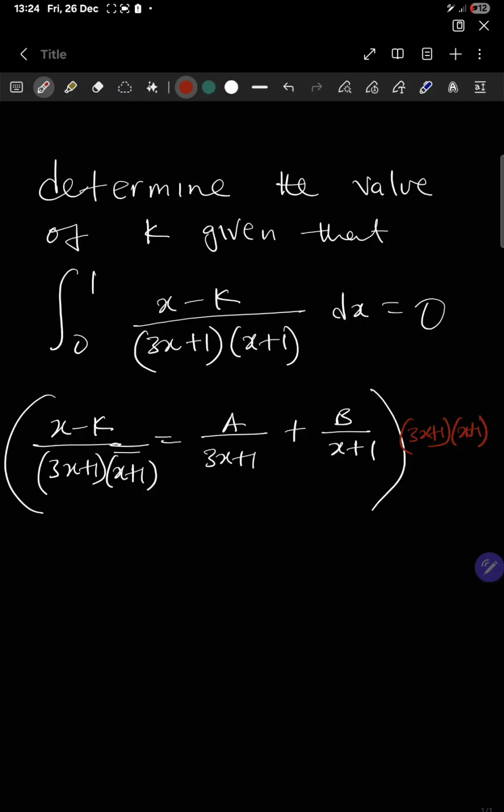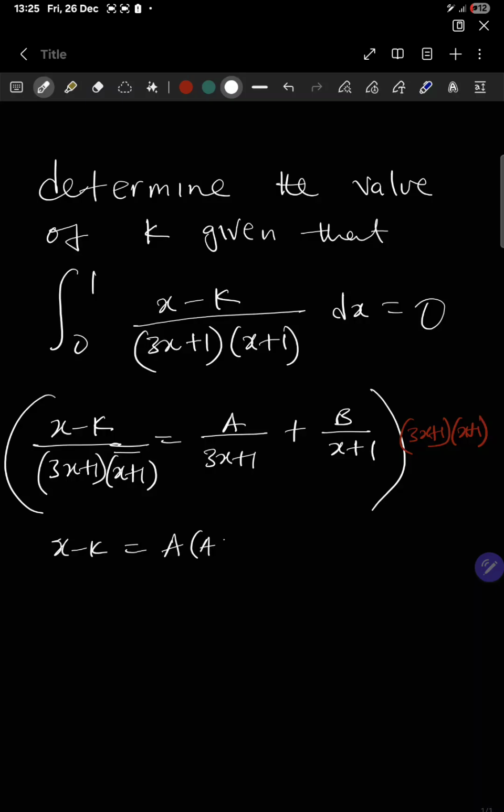If you are to do that, you are going to realize that the first factor and this will cancel, and then you end up having what is on top, which is x minus k, is equal to a times x plus 1, because the 3x plus 1 and the 3x plus 1 will go.